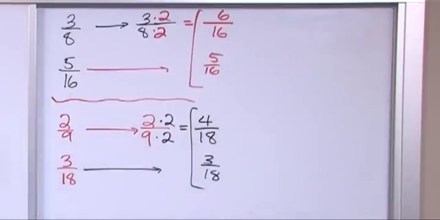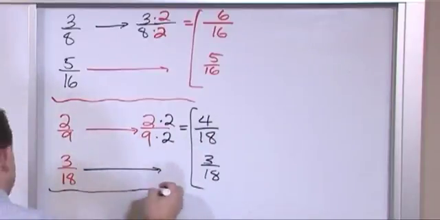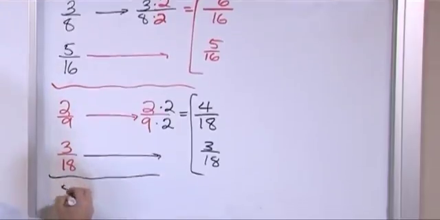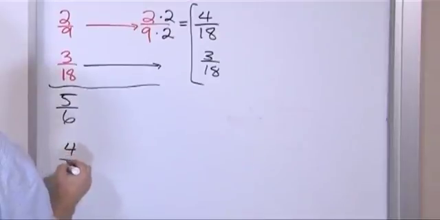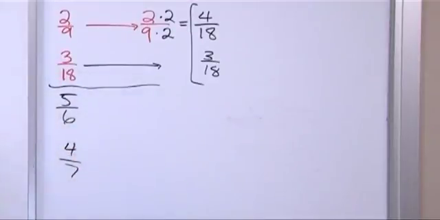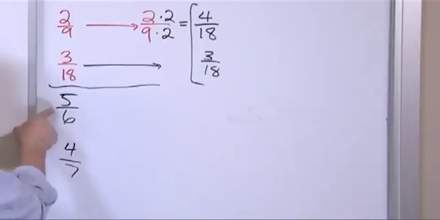So 4/18 and 3/18. But let's go back and do something a little bit more complicated, like we were doing a minute ago. What about 5/6 and 4/7? Looking at those two denominators, 6 and 7, there's not really a great number that I can pick that's going to let me mess with just one of these fractions.